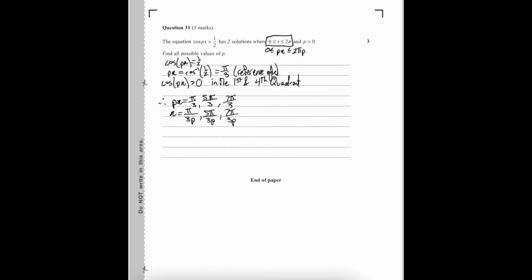So for those 2 solutions to work, we're going to be bounded by 2 pi. So remember, if we have the ASTC plane, and we take an angle theta, we can sort of just do something like this. So the cos theta, or the cos px in this case, will have 2 solutions from 0 to 360 degrees, or 0 to 2 pi.